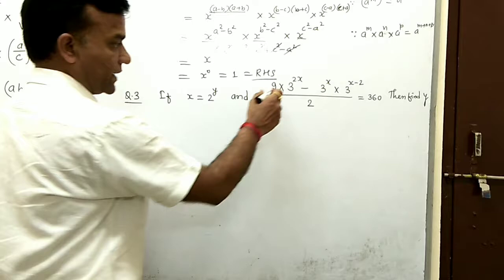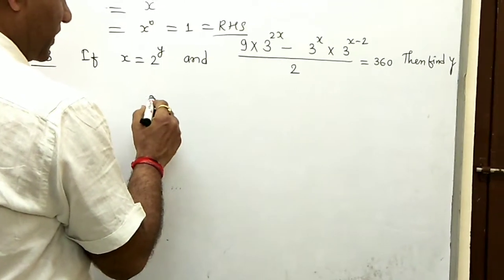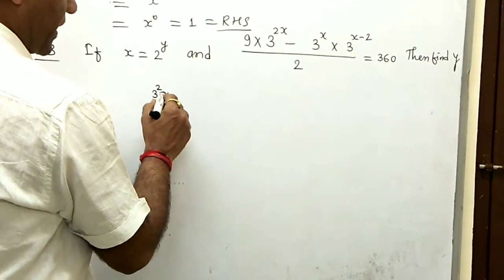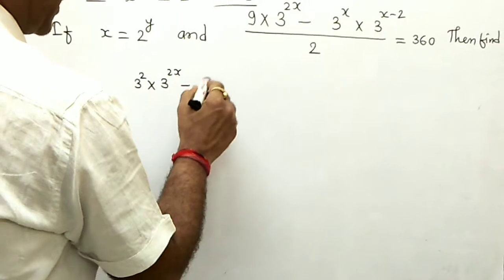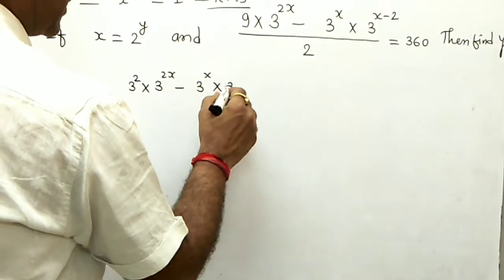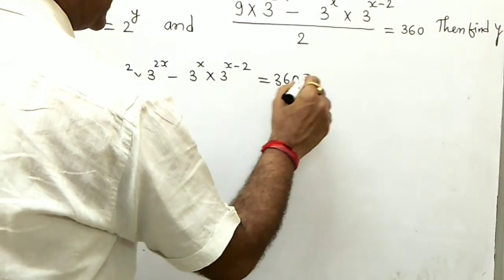So we start here, 9 is given. First you write 9 as 3 to the power 2, so we have 3 to the power 2x, then 3 to the power x minus 2, equal to 360 into 2.